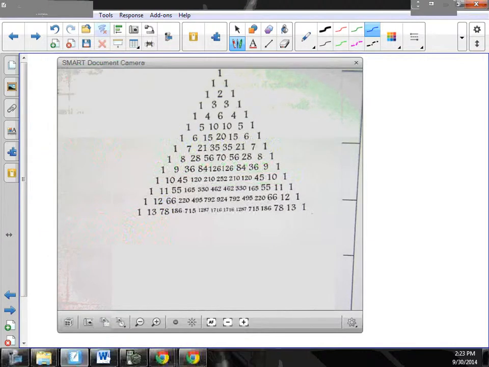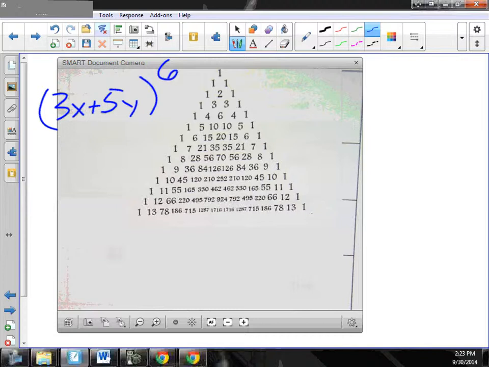So let's do another one. 3x plus 5y to the 6th. What is the coefficient of my xy to the 5th term? So I'm going to go to row 6.